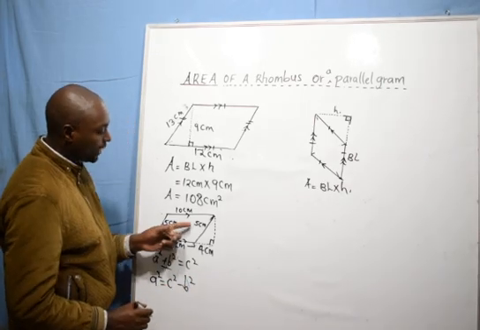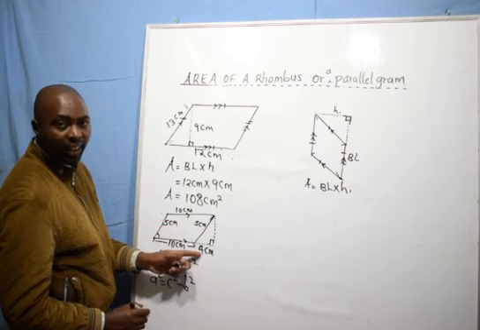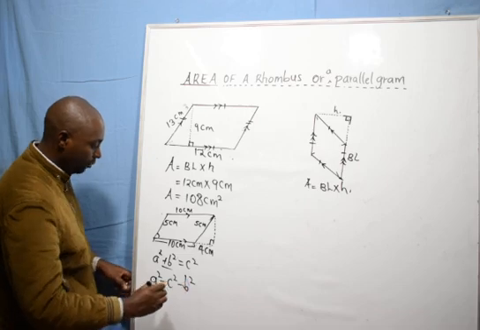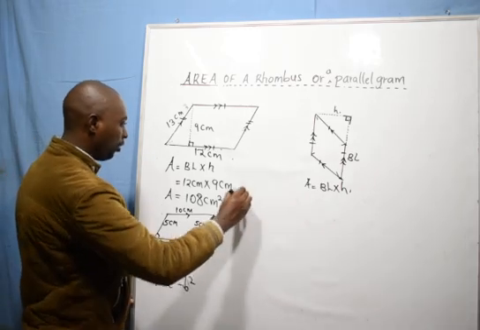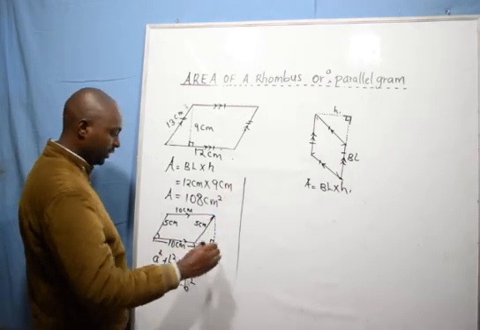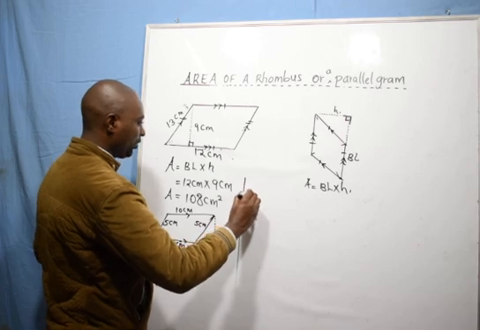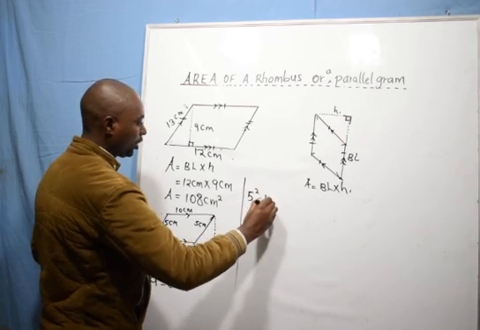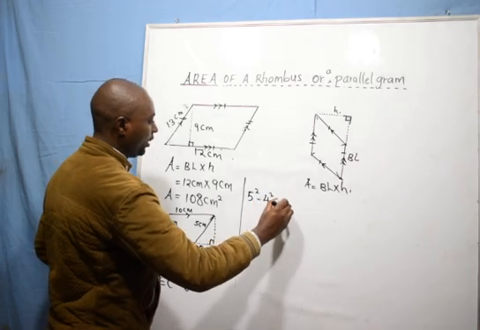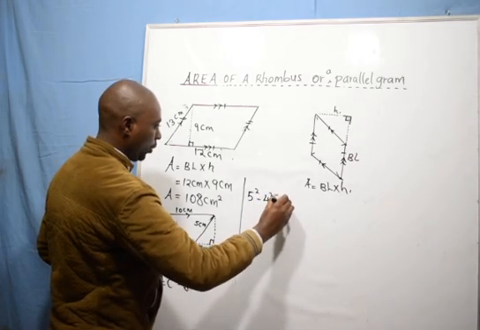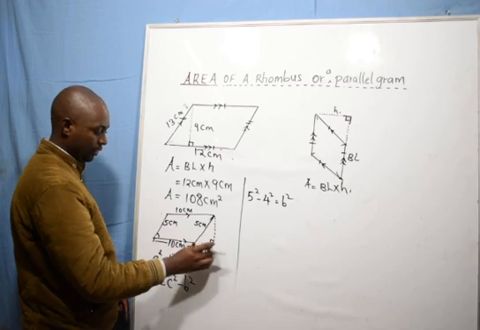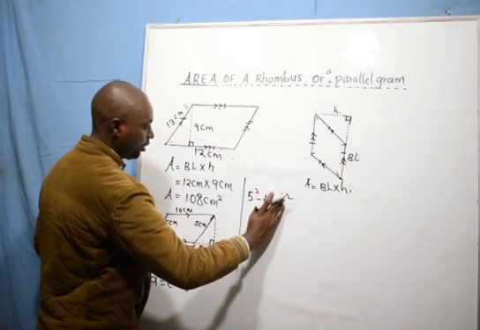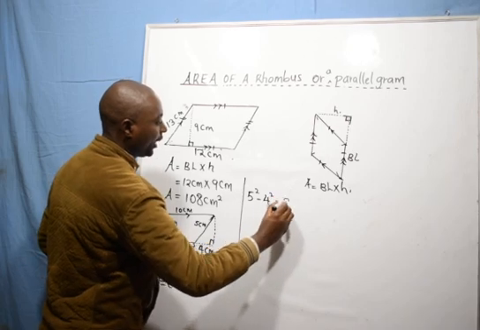So it means I square this and square this and find the difference to get the square of this side. And what that means is I square 5, I start with the c, subtract 4 squared, and that should give me the a squared.